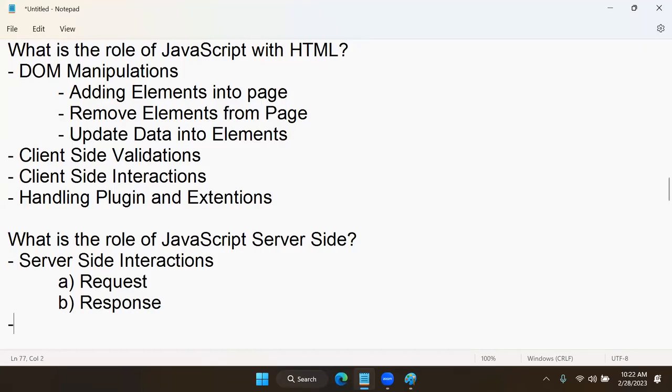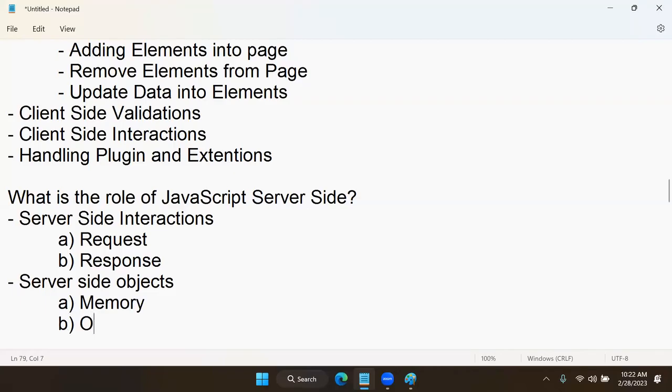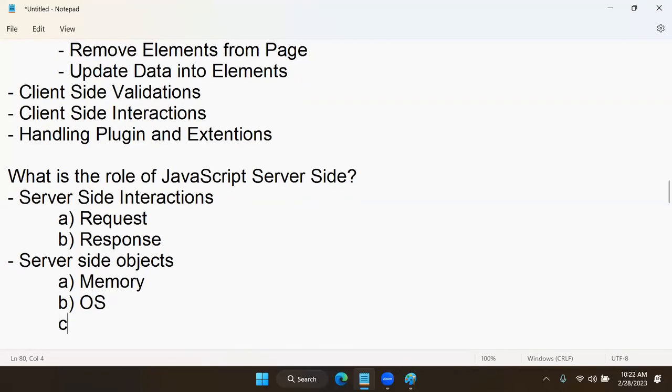And very important, JavaScript server side is used for server side objects, like managing memory, managing the operating system, managing files. All such interactions are managed using JavaScript. That means managing your server memory, managing your server operating system services, managing the files on the server.